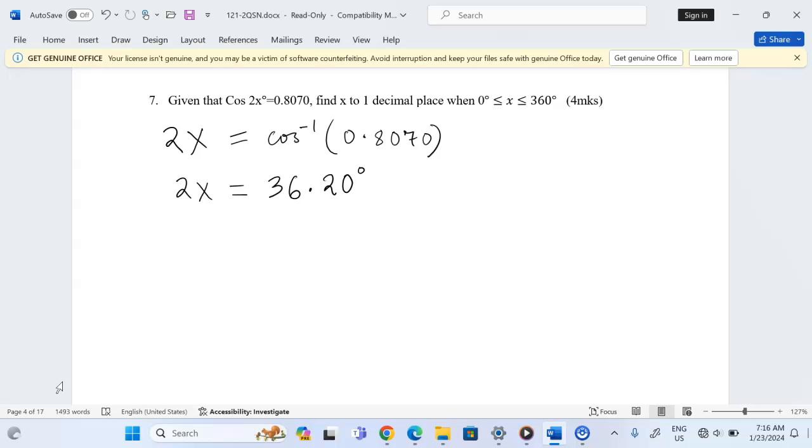So the acute angle whose cosine is 0.8070 is 36.20 degrees.